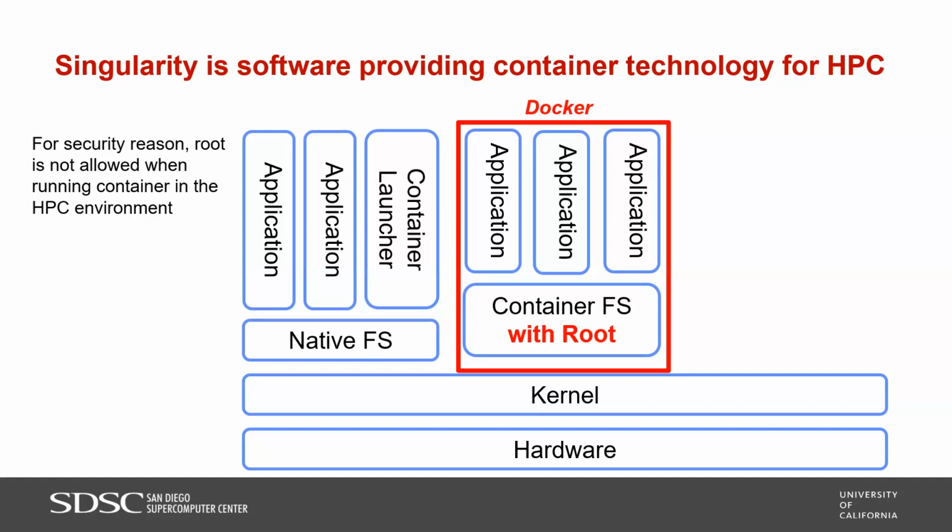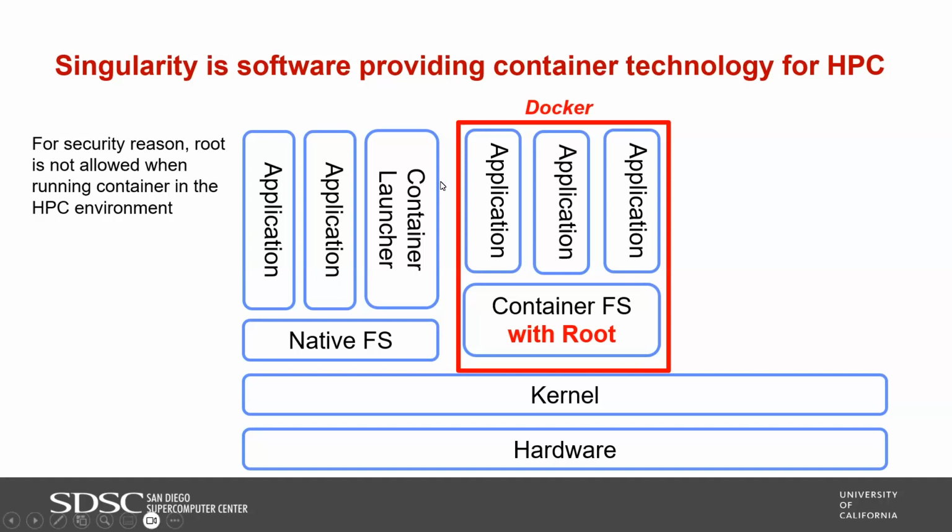So how about Singularity? Singularity is the software providing the container for the HPC environment. You might have heard of Docker. Docker is another container technology, which I think is the most popular container technology in the world.